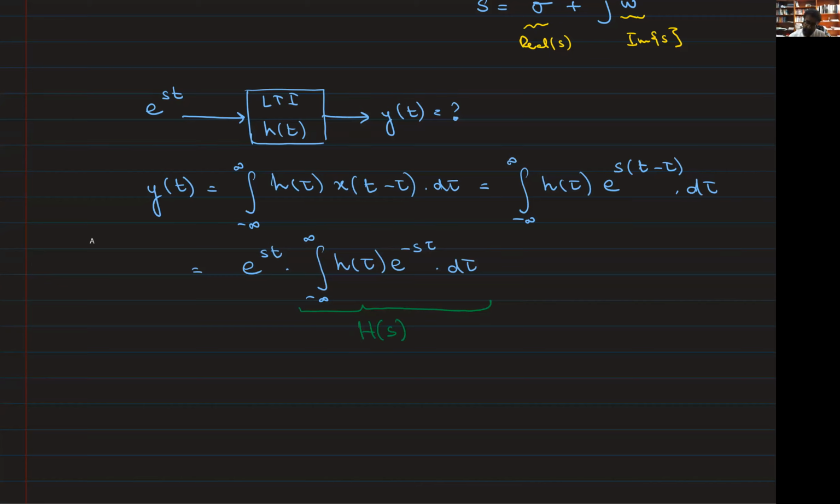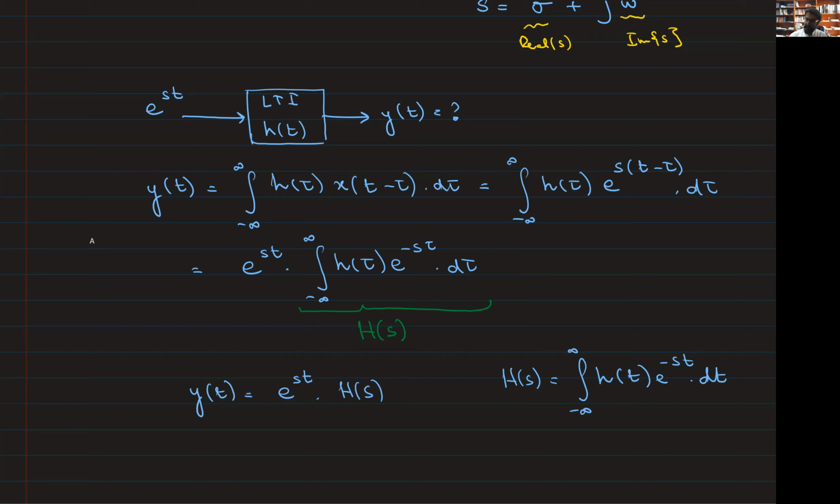I am pretty sure you have done this in one of the other core courses that you're taking right now. So we say the output is of the form y of t equals e raised to power st times H of s, where H of s is given by this integral from minus infinity to plus infinity, h of t e raised to power minus st dt.